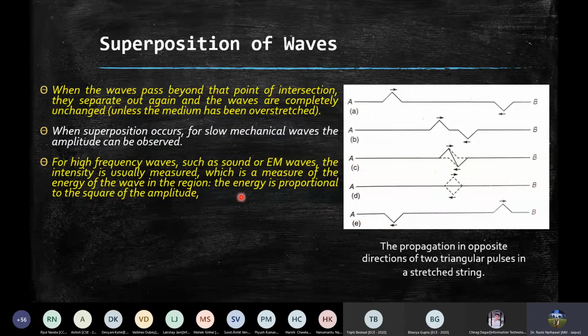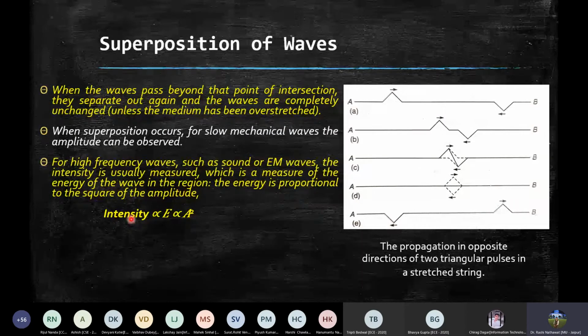Intensity is proportional to the square of the amplitude, so capital I is proportional to A squared, where A is the amplitude. So when the wave is very fast, like EM waves, we measure either intensity or energy. But when the wave is slow, we can measure the amplitudes.